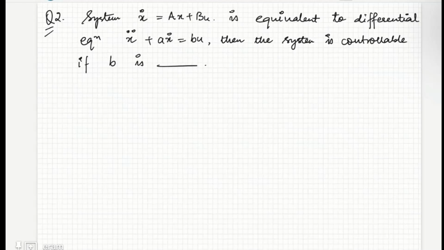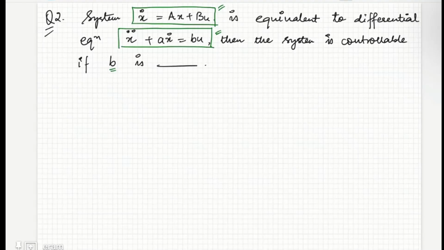So we are given a linear system, and we say that this is equivalent to this differential equation, and now we are asked to find the condition on b such that this system is controllable. This one is very quick to solve.